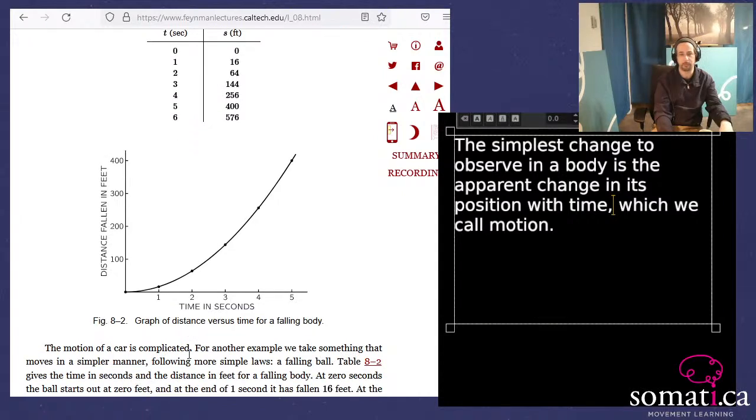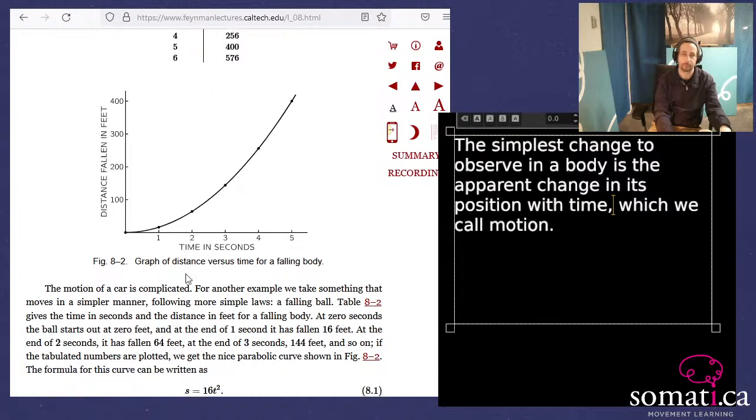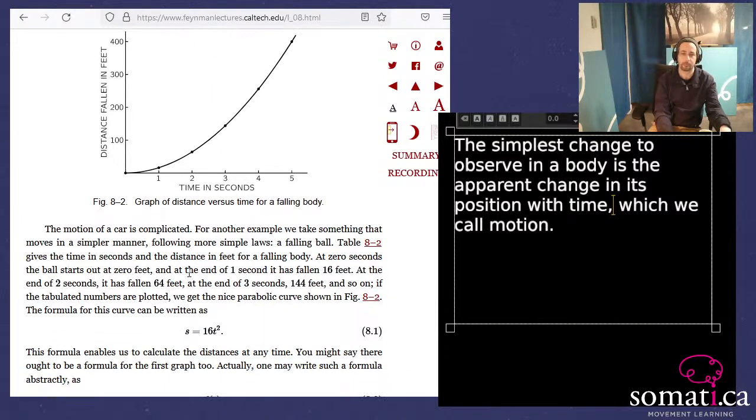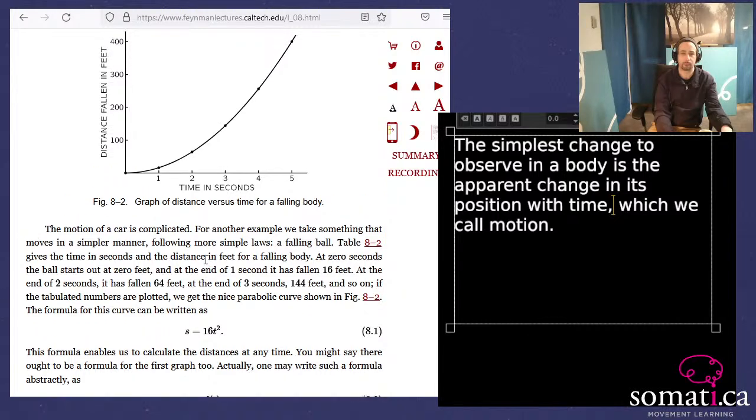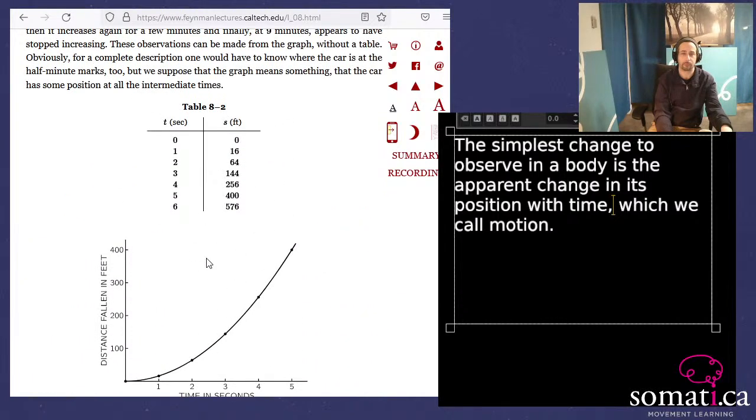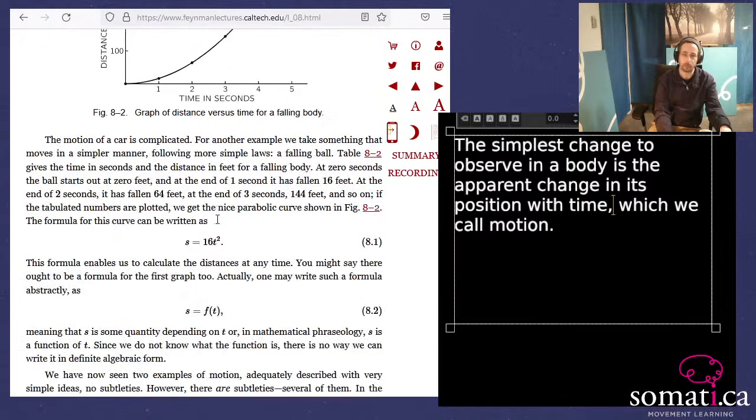Different type of movement, so that's for a falling body. So as the time increases, the distance is increasing with the square.